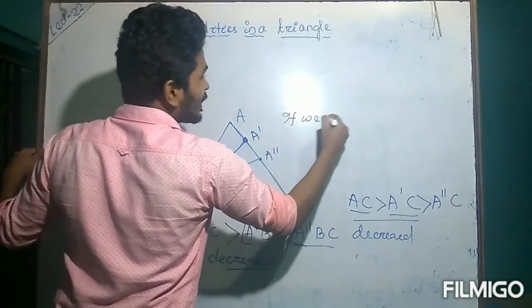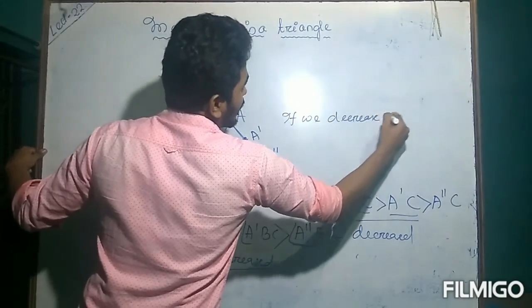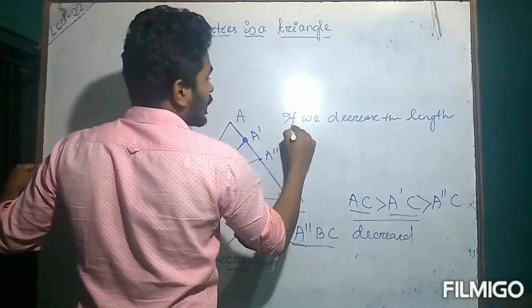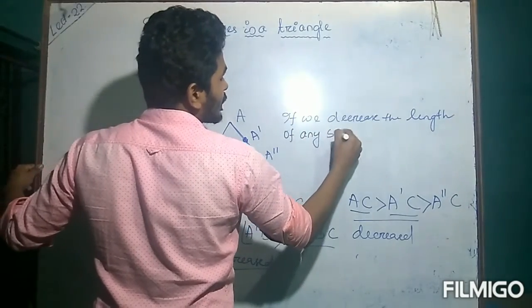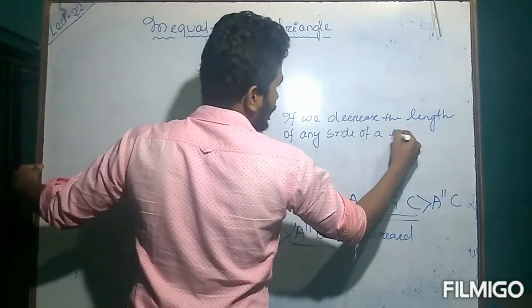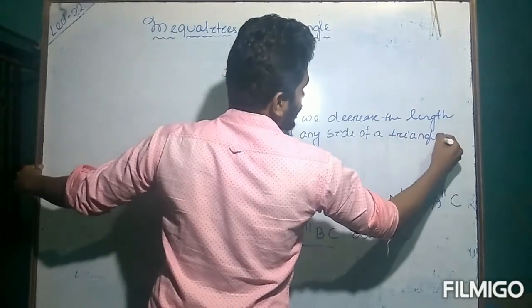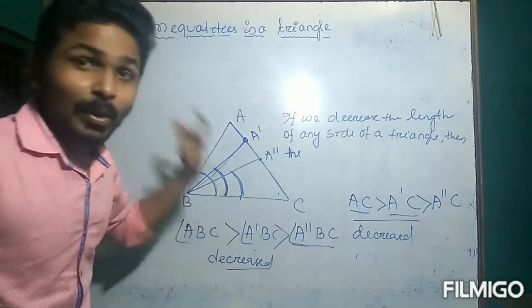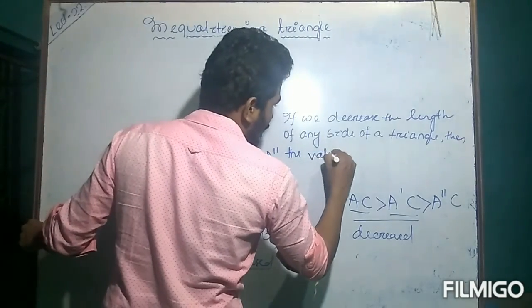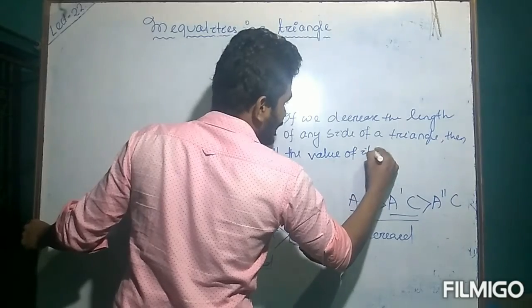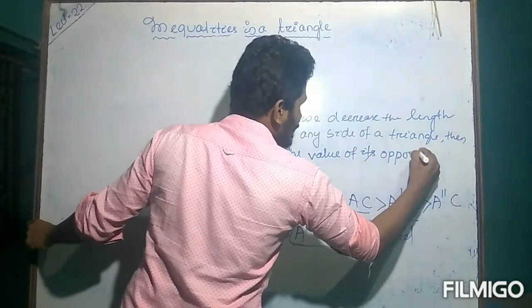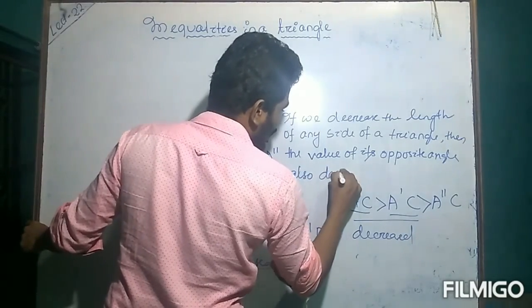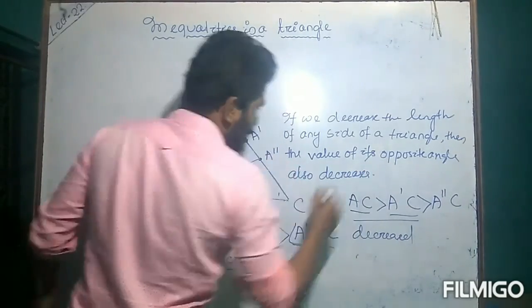If we decrease the length of any side of a triangle, then the value of its opposite angle also decreases. Do you get this?